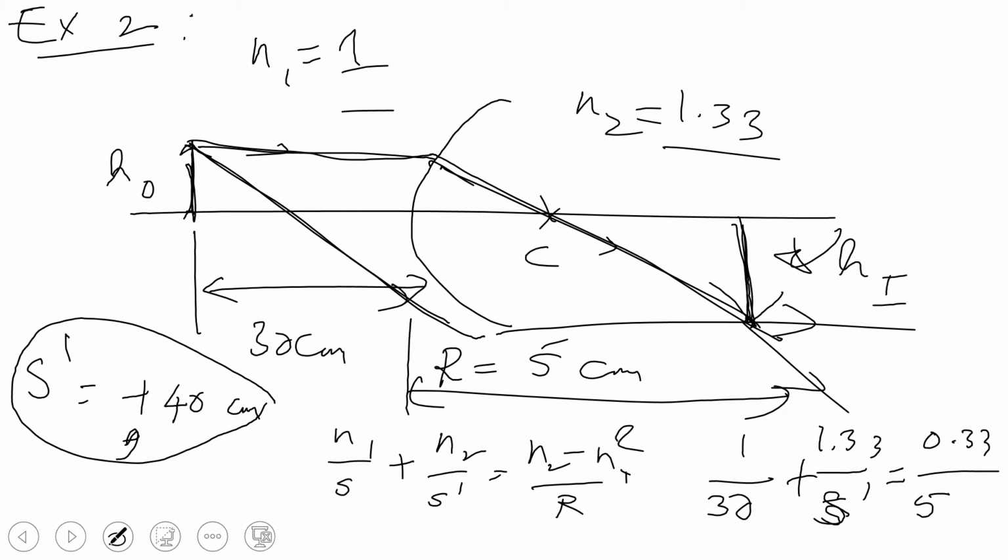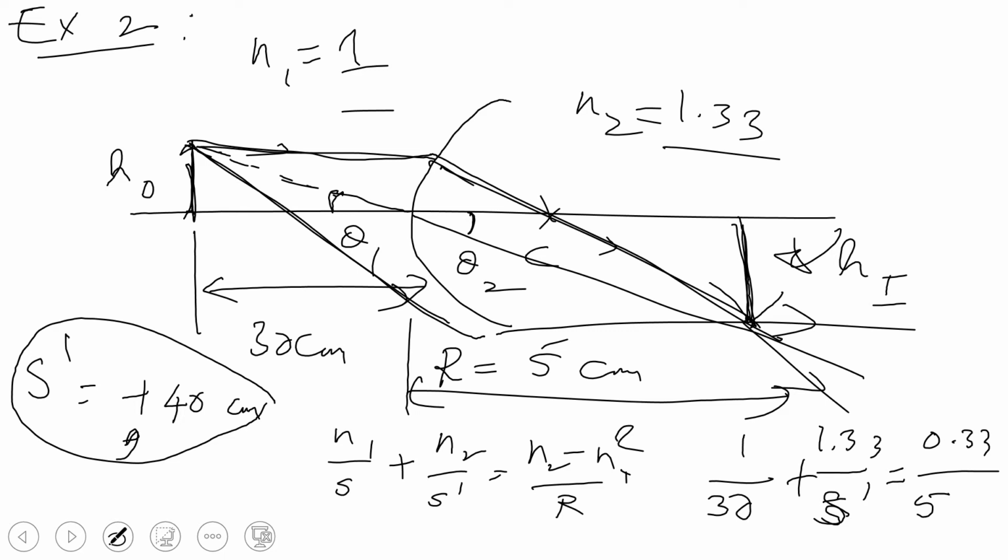We know that this angle is... if I have another ray that is going like this, which hits the vertex, and then goes like that to meet the image, this angle would be theta 1 and this angle would be theta 2.